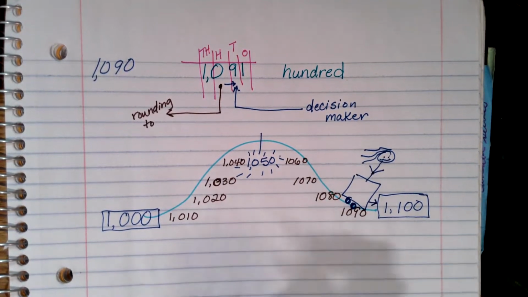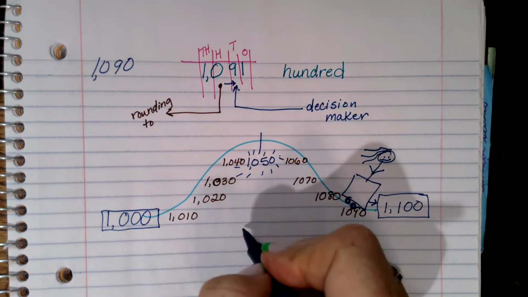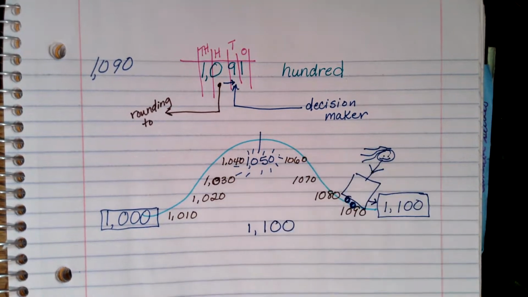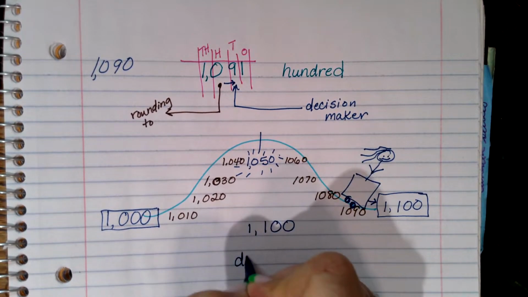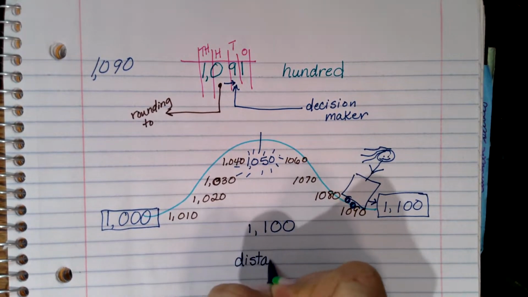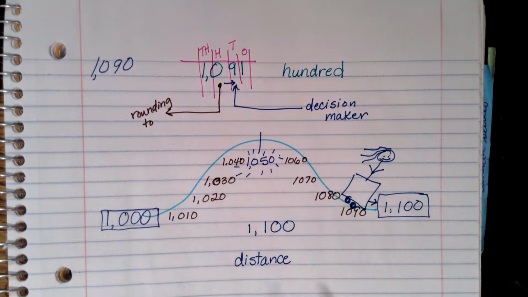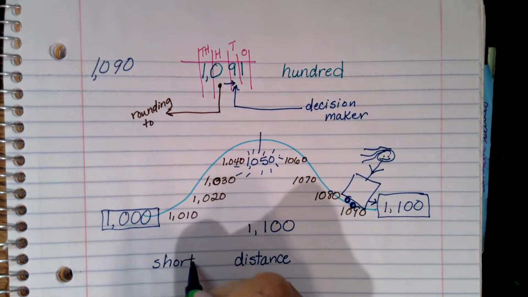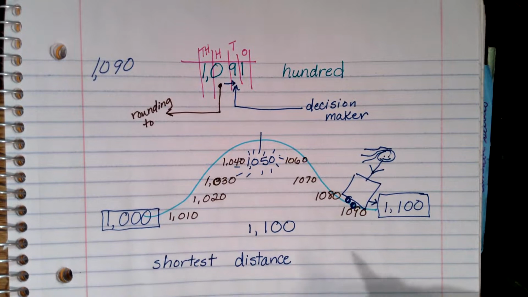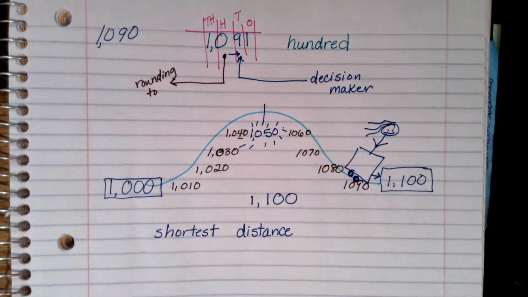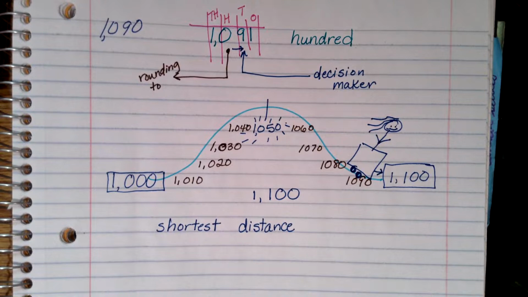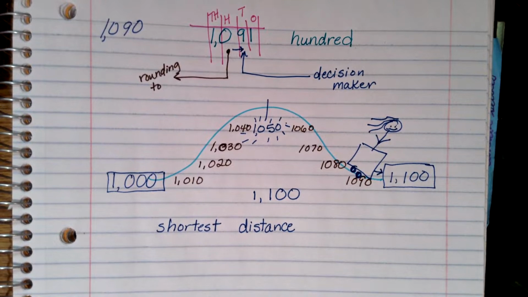So at the end of the track, our 100 that we are rounding to is 1,100. It is important for you to understand that when we round, we are looking at the distance between numbers, and we are looking for the shortest distance. That's why we call it the nearest 100 or the nearest 10 or the nearest 1, because we're looking for the shortest distance.